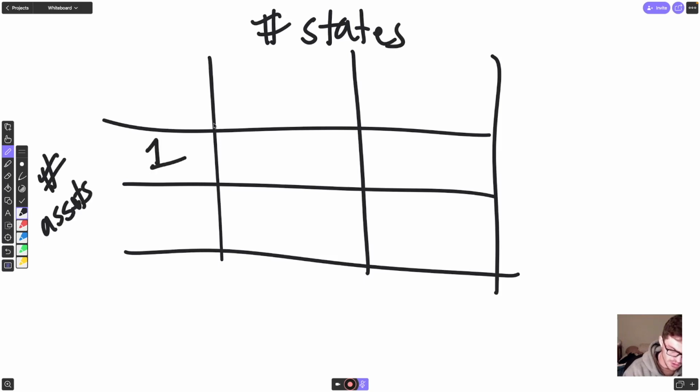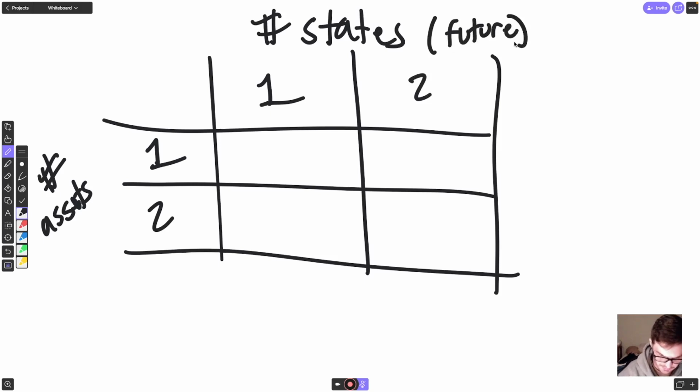So 1, 1, 1, 1. Undo that a couple times. 2. And these are future states, because we always have the today state. Okay, so this is the thing we started with.